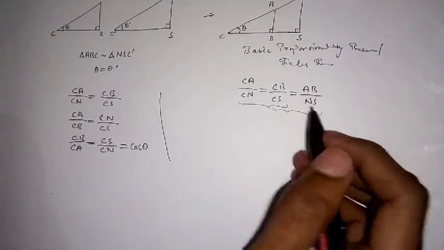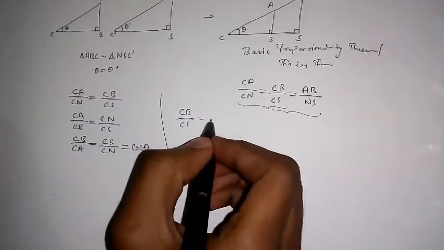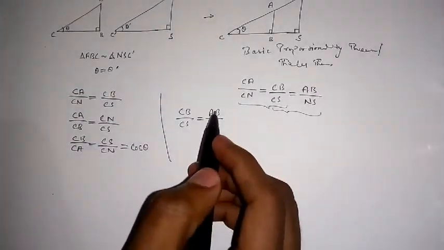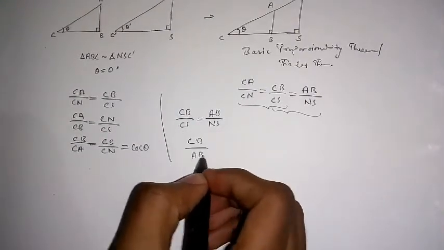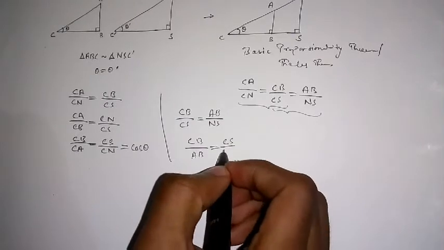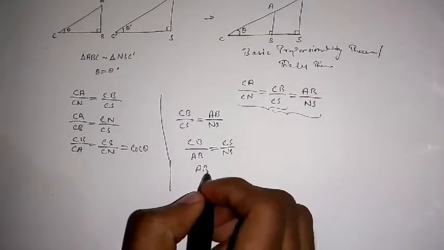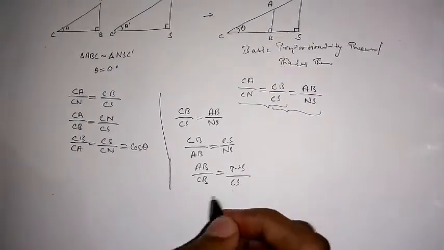So now let's get more into the details. Let's take this part here and write it down here. CB over CS is equal to AB over NS. Let's replace both the two terms, so we'll have CB over AB equals CS over NS. Let's do the reciprocal. We'll have AB over CB equals NS over CS.